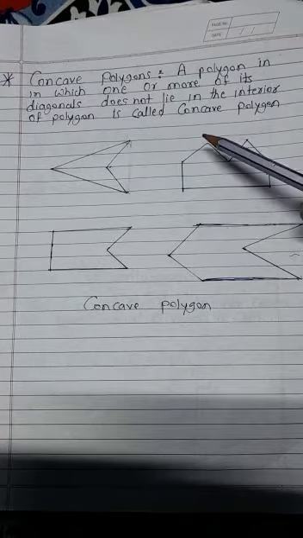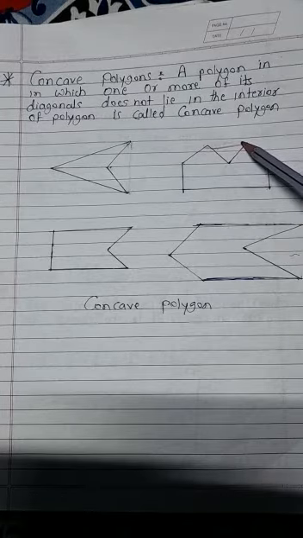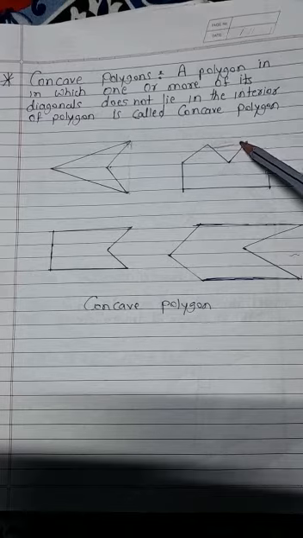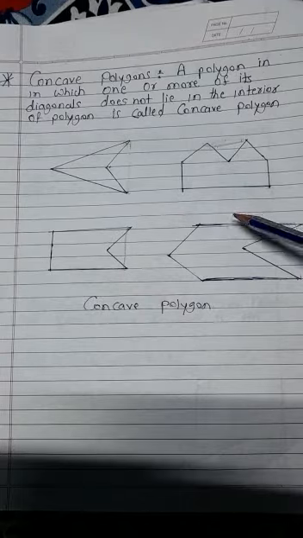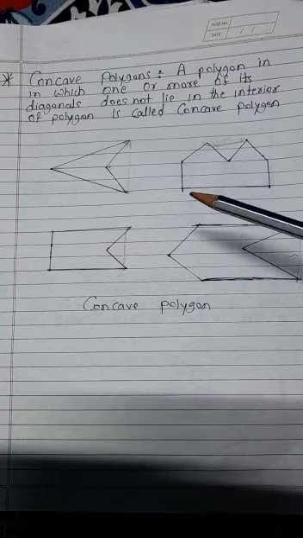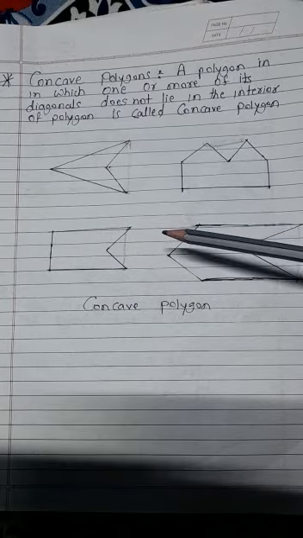Similarly, when you draw the diagonal connecting these non-adjacent vertices, again you will get a diagonal which is in the exterior of the polygon. Similarly here also and for this case also. That means one of their diagonals is lying outside the polygon, in the exterior.